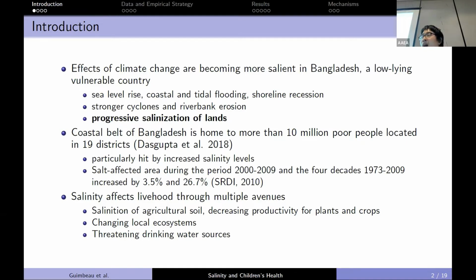Right? And salinity impacts livelihood. If we think about how salt would be affecting your life, it can be through multiple channels. It could be through agriculture, where your crop yields are decreased because the soil and water are more salty. It could be changing the local ecosystem. Mangrove ecosystems, which are a big part of the local ecosystem there, are being changed.